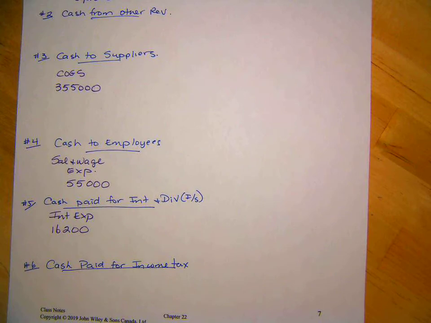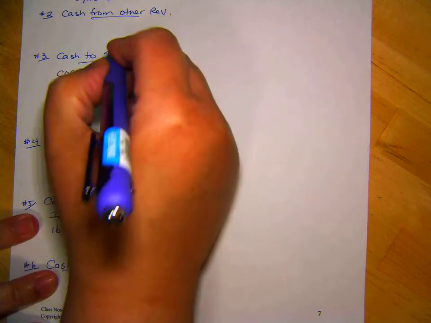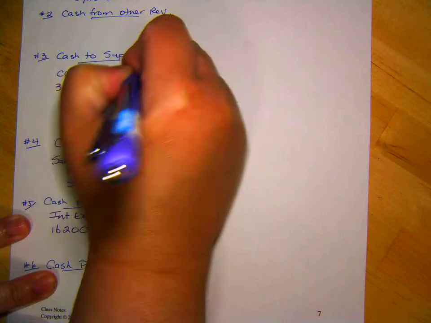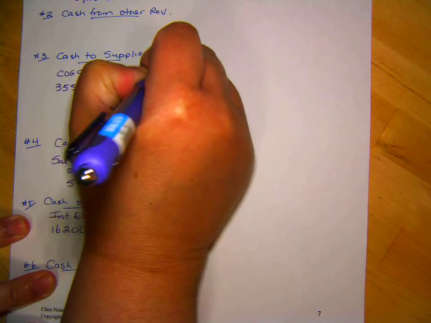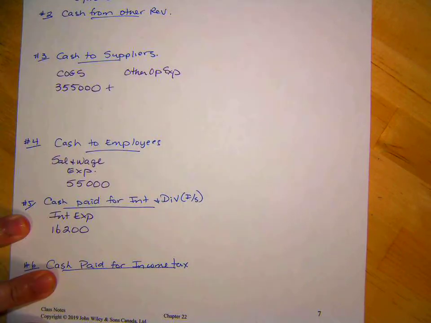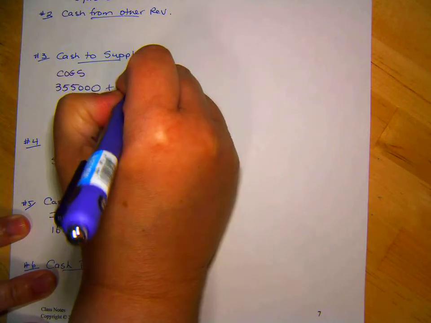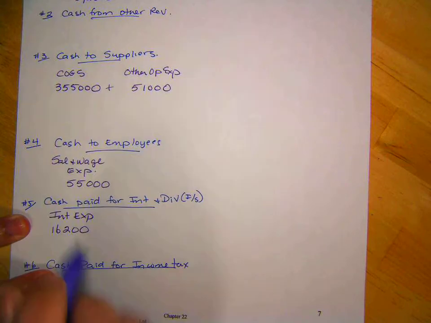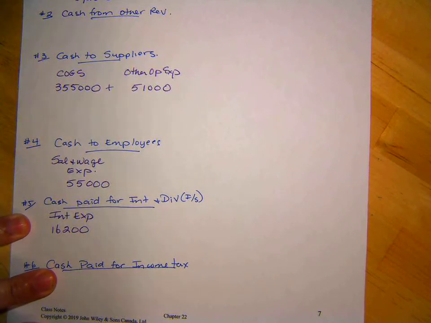And other operating expenses goes in section 3. So it is other operating expenses, which are $51,000. And check it off.